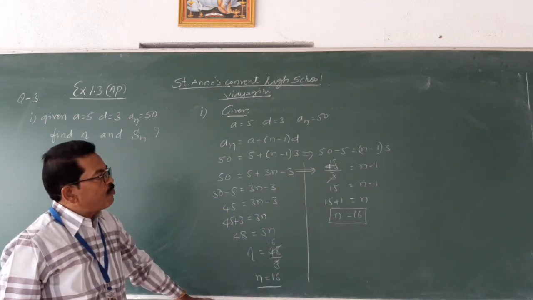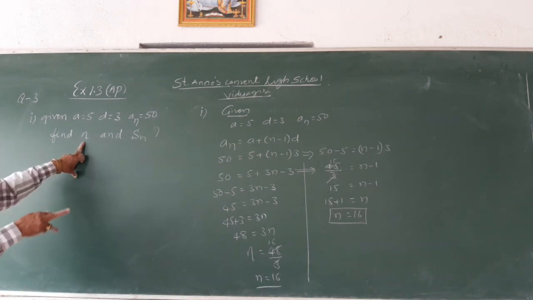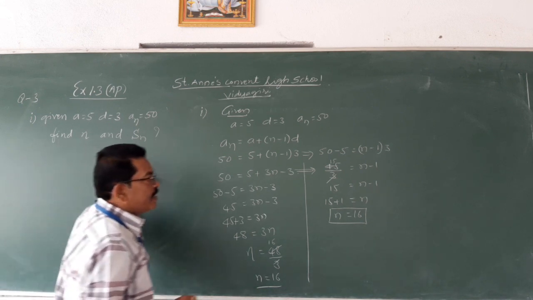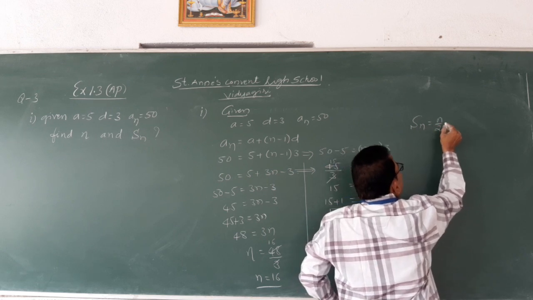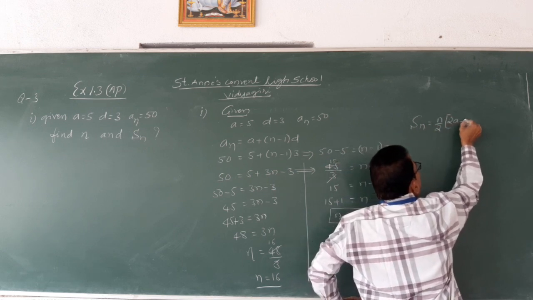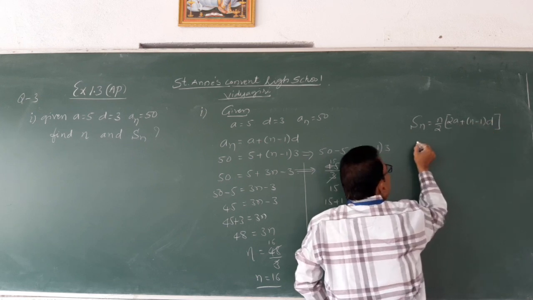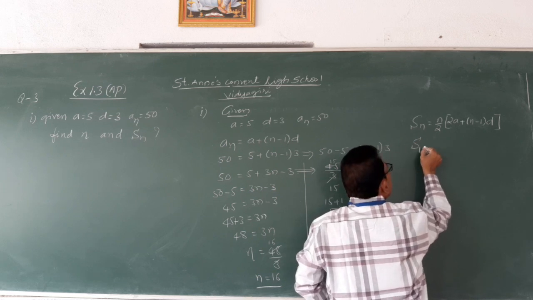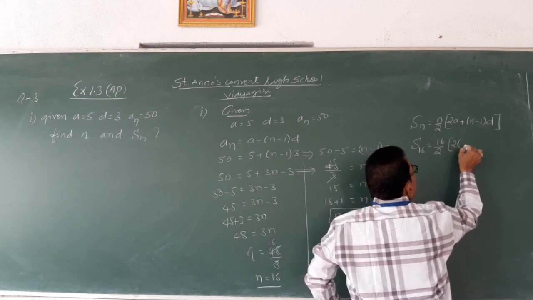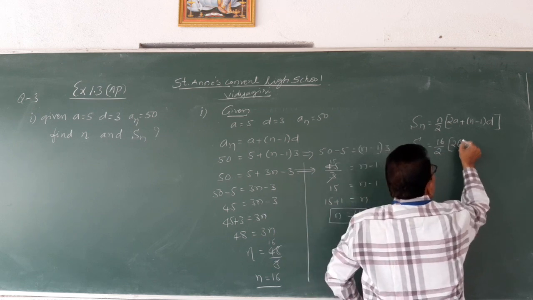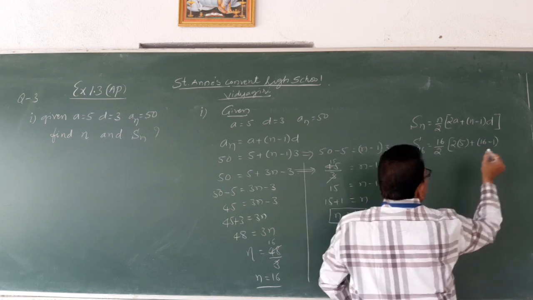So what do we have to find? See the question: we found n as 16, now Sn equals n by 2 in the big bracket 2a plus (n minus 1) into d. That is 16 by 2 in the big bracket 2 into a, that is 5, plus (16 minus 1) into d, that is 3.